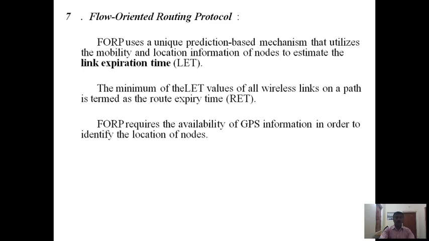Then the flow oriented routing protocol requires the availability of GPS, in order to identify the location of the nodes. Just like the location aided protocol, this protocol also requires GPS.